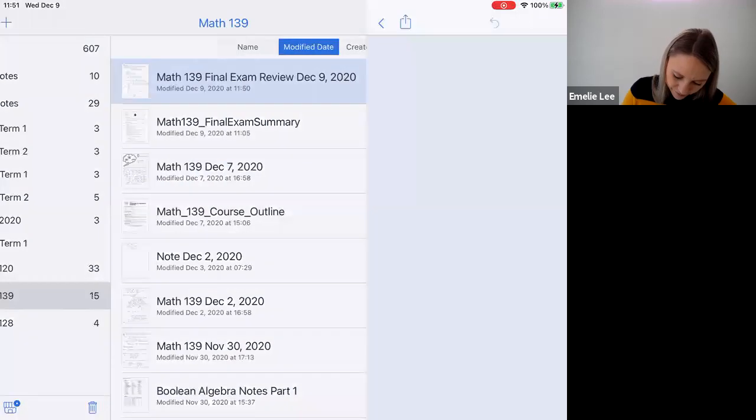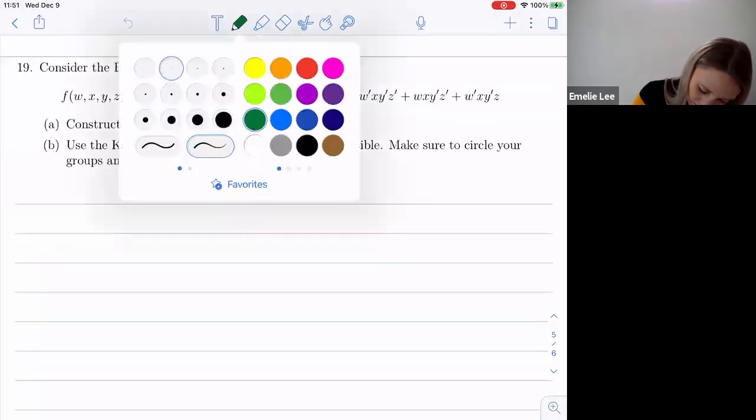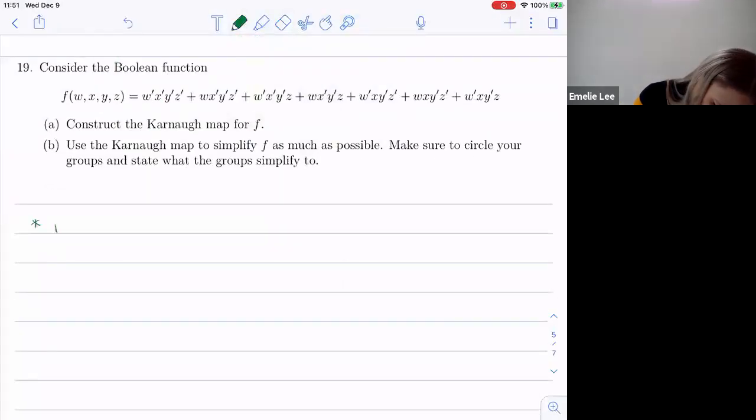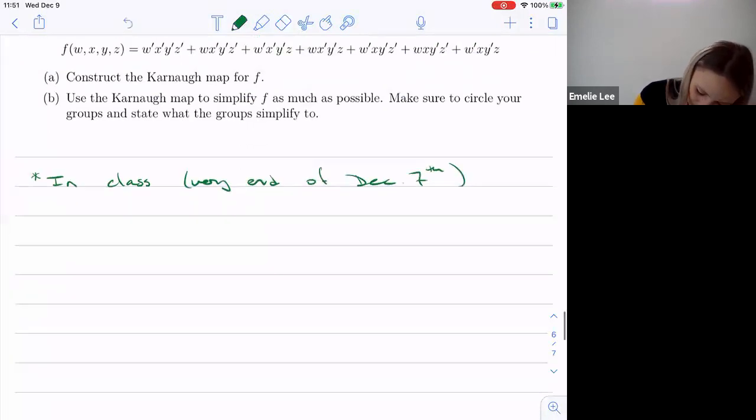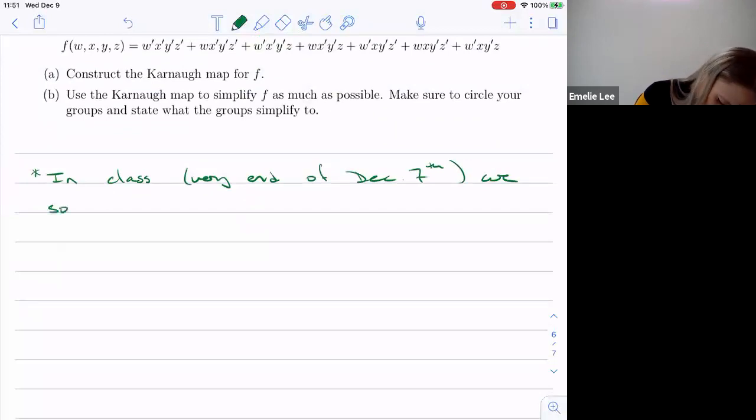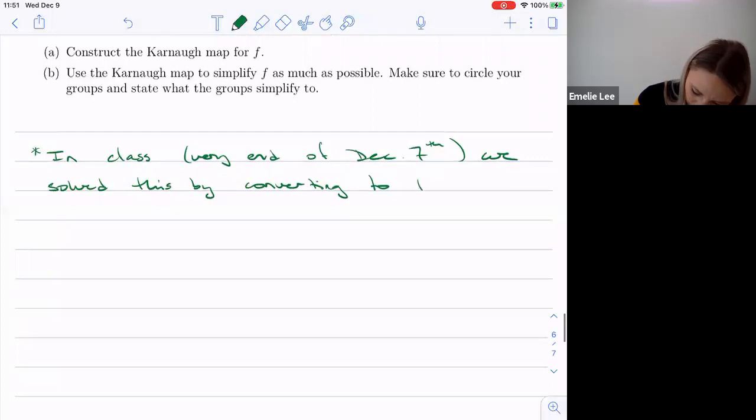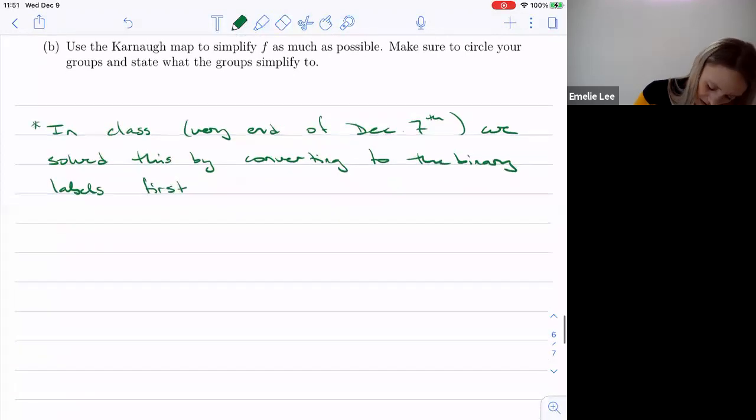So in class, at the very end of December 7th, we solved this by converting to the binary labels first.